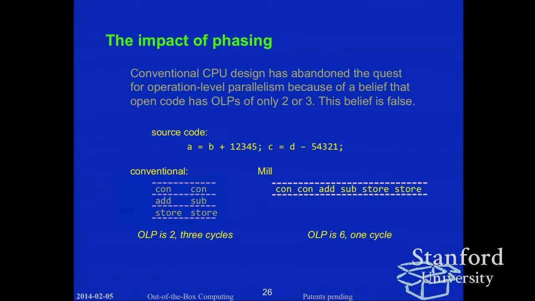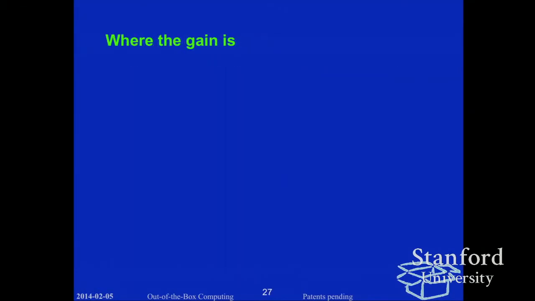So we have effectively trebled our operation level parallelism. We call it Mach 3. Where the gain comes about.